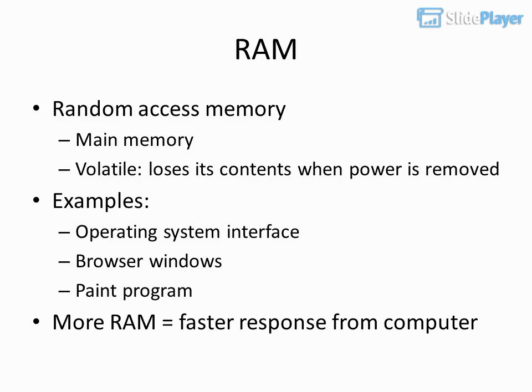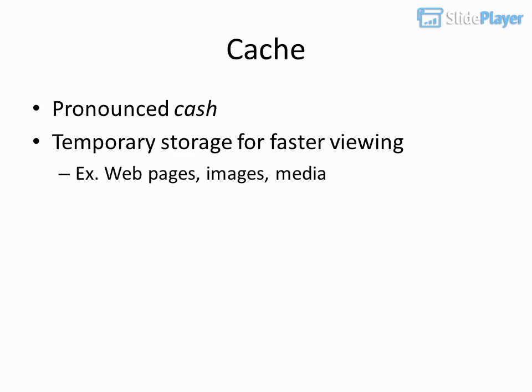More RAM equals faster response from the computer. Software applications usually have a minimum requirement for RAM for the application to run properly, for example Vista and Microsoft Office. Cache is temporary storage for faster viewing of web pages, images, and media.